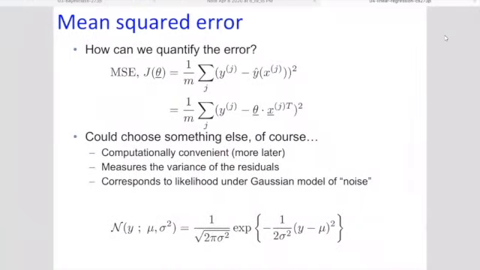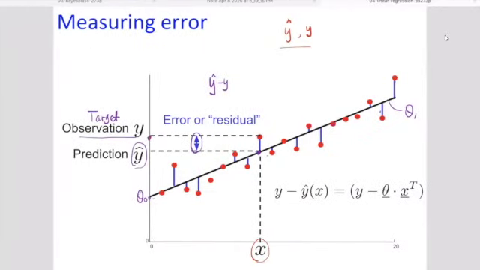So the way we do this, we take an average of the squared residual over each data point, to give a measurement over the entire training data set. What I mean is this.